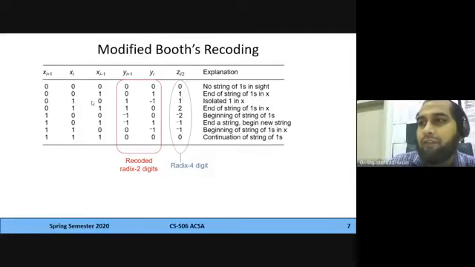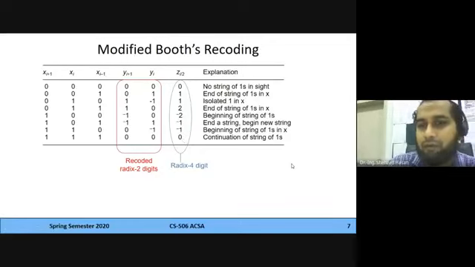Similarly for 010, again a positive operation. 011 also means that since the one string has ended, you are now going to do a positive operation. And then if there is a 1, this means the one string may be starting. In this case as well, one string may be starting, and in this case as well. So in all these there are negative operations here. It's easy to remember if you write it like this: 001 till 111 in the sequence. You can see the sequence over here is 0, 1, 1, 2, -2, -1, -1 and 0, right?